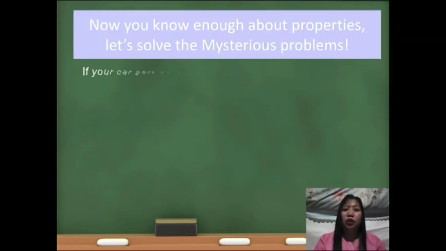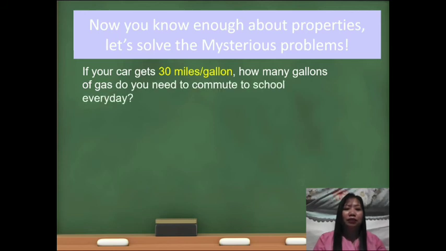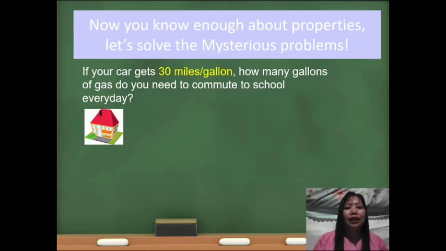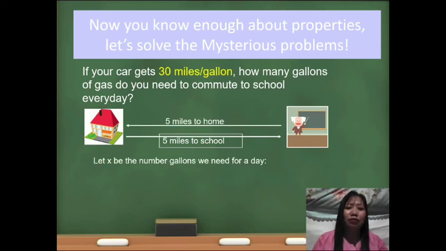Now that you know enough about properties, let's solve the mysterious problem. If your car gets 30 miles per gallon, how many gallons of gas do you need to commute to school every day? So this is your house and then the school. So 5 miles to school and then 5 miles going home.